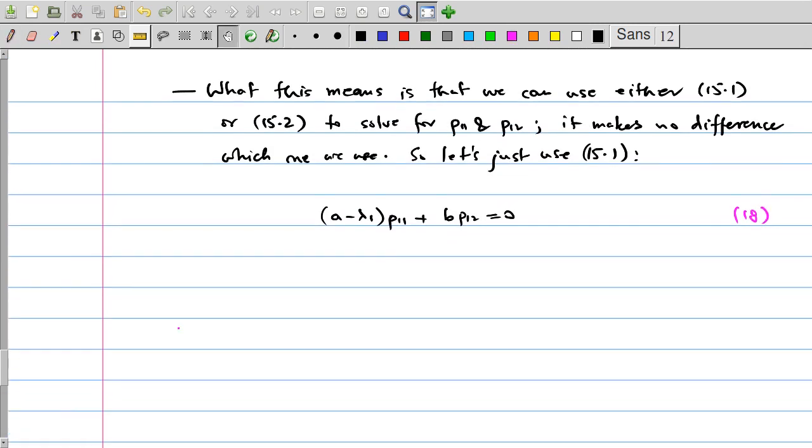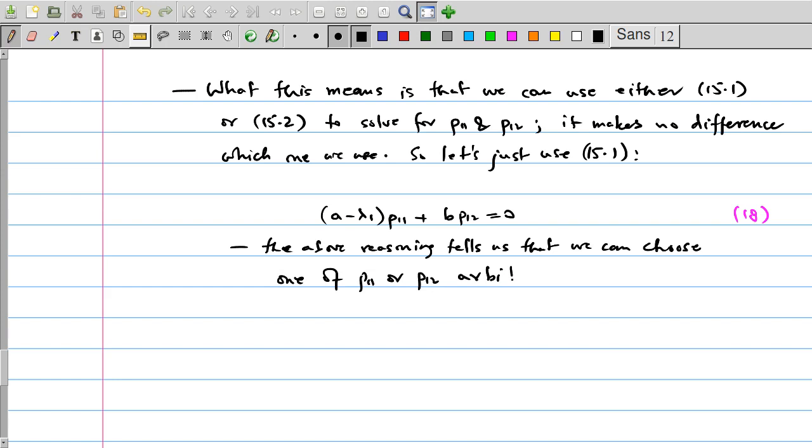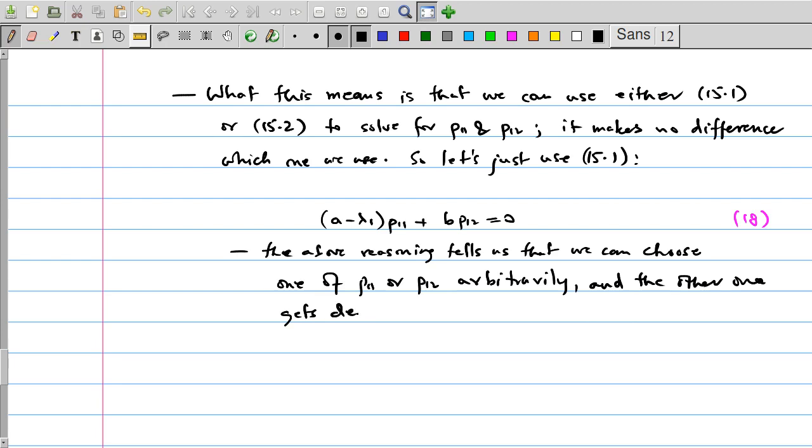Okay. So now here comes a real thing that one needs to appreciate, because the above reasoning tells us that we can choose one of P11 or P12 arbitrarily, and the other one gets determined by 18.